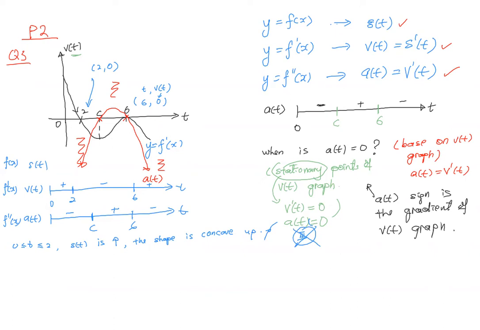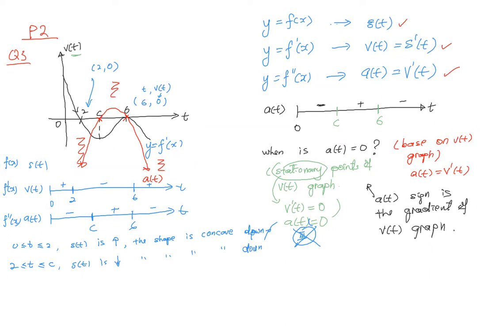Okay, graph 3 out. So now from 2 to C, ST is going down. The shape is concave up. Sorry, this is called concave down. It's concave down.